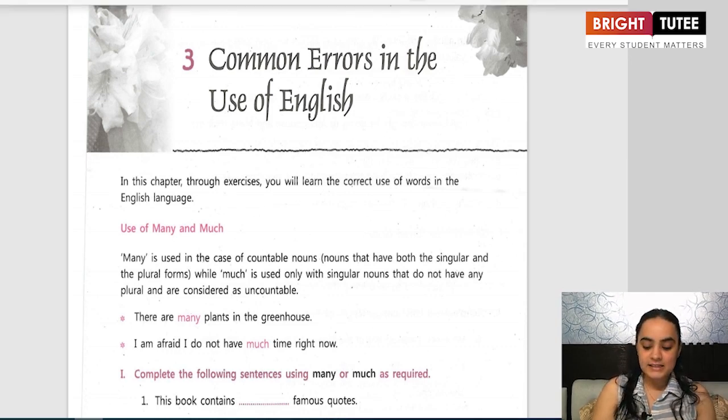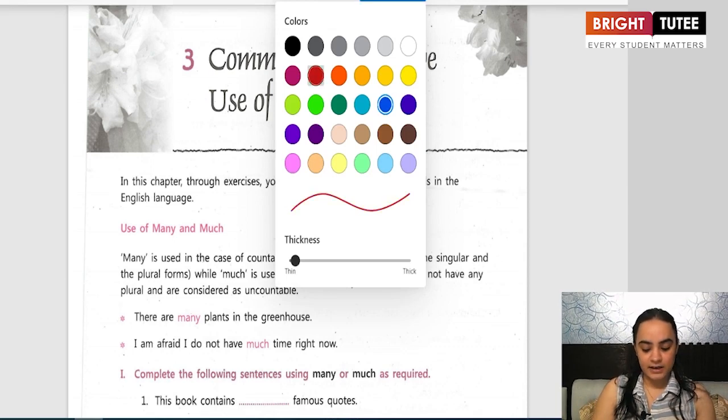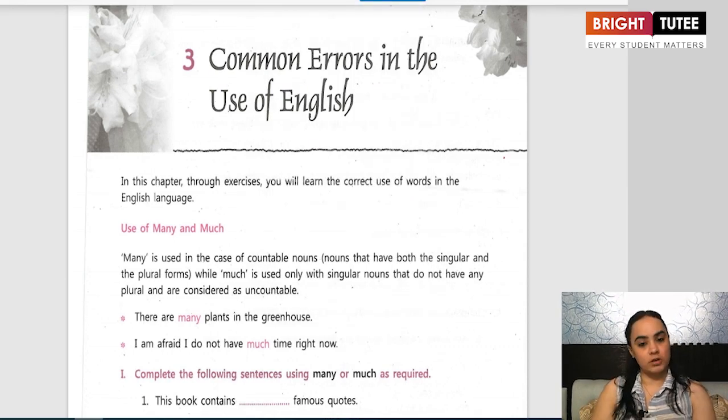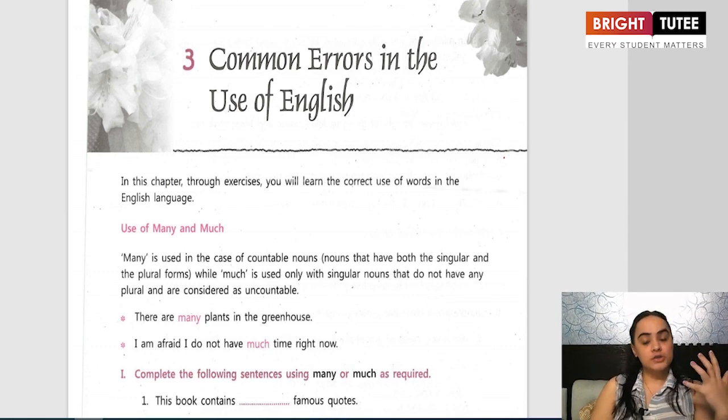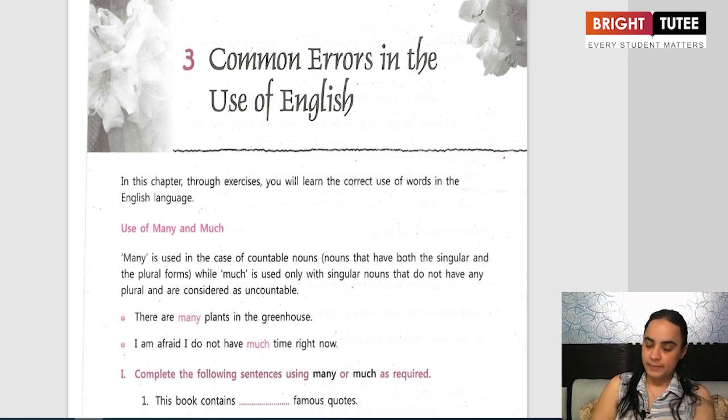As the title is very suggestive, we are talking about some of the most common errors made in the English language. Here we shall talk about a lot of words that are often confused and the correct usage of the same. So let us begin.